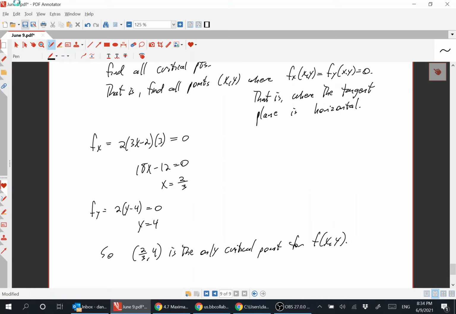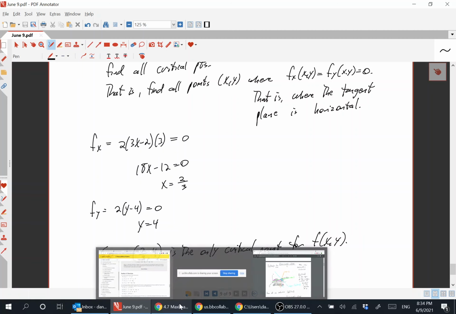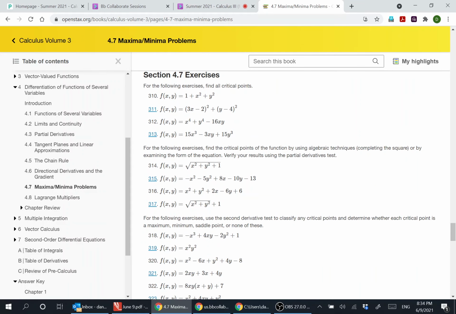314, I think, is the next one. So another function. Find the critical points using algebraic techniques or by examining the form of the equation.